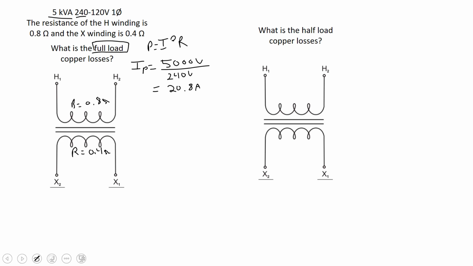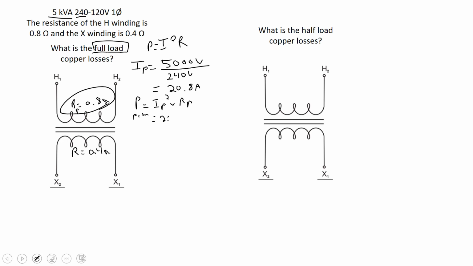All right, so now I know the resistance of the primary, and I know the current flow through the primary at full load. I can calculate the I squared R losses. So P equals I, the primary, squared, times R, the primary.